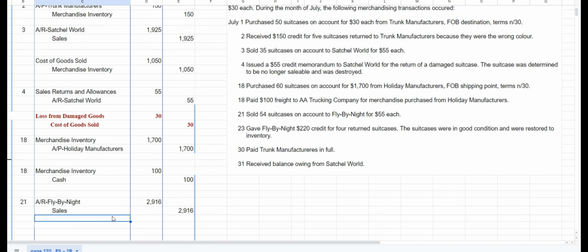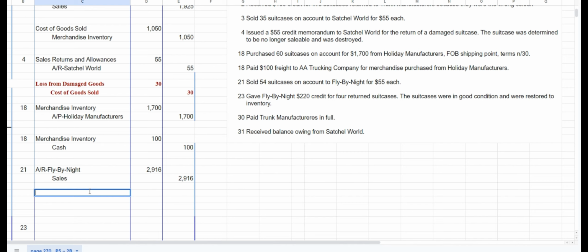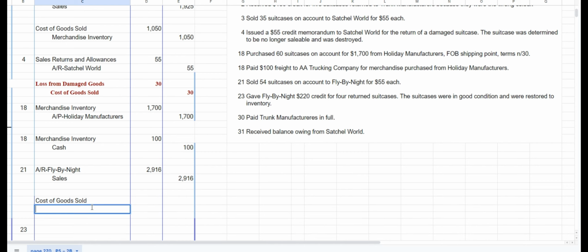And we're going to have another journal entry talking about the merchandise inventory going down. So debit is cost of goods sold, and then credit, merchandise inventory.